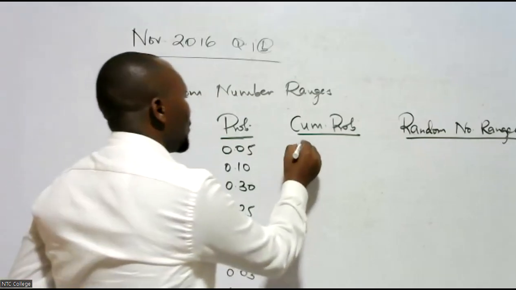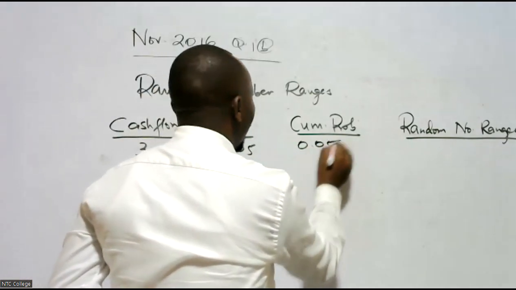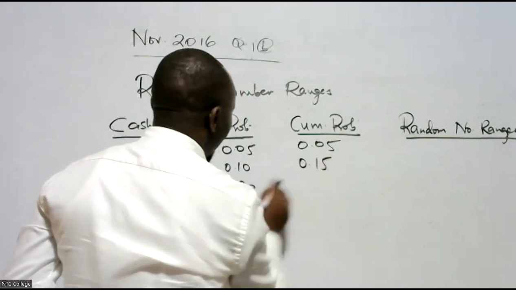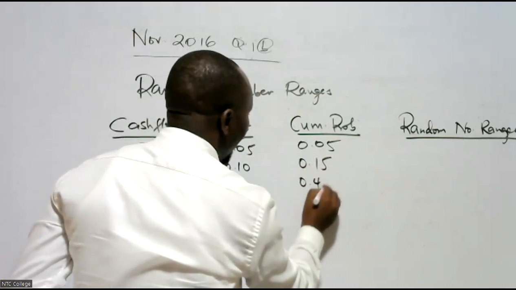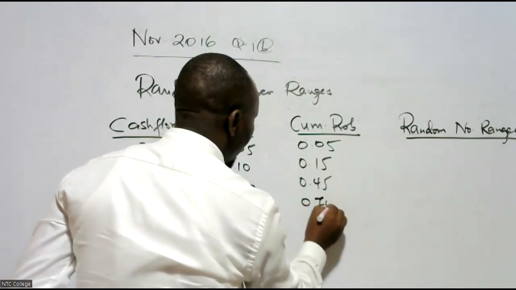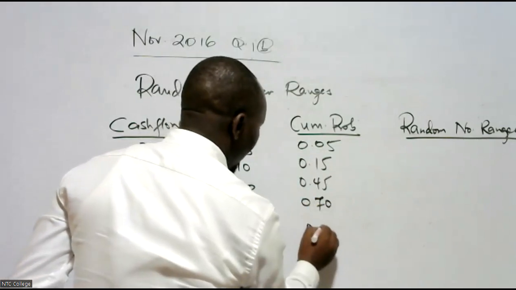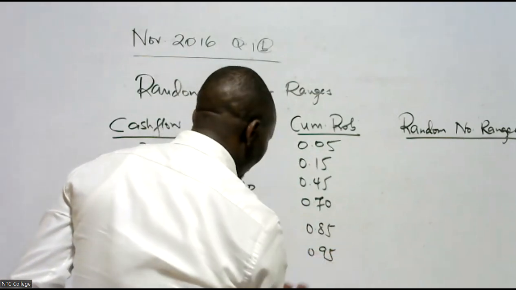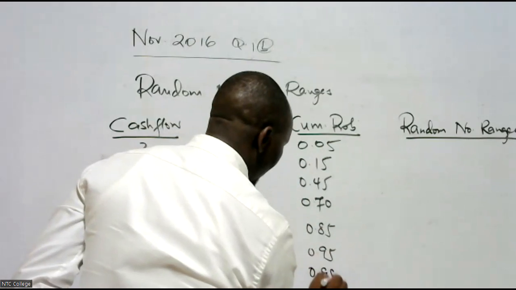So the first one will have 0.05. Then you add 0.15, you add 0.45, you add 0.70, you add 0.85, you add 0.95, you add 0.98.